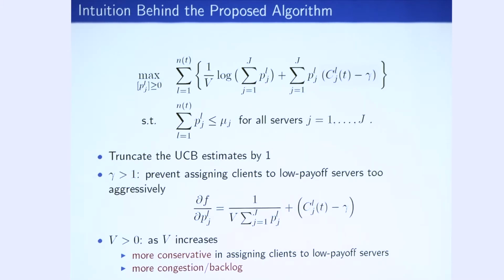But if the payoff function is already concave, I think my guess is that you probably still need some logarithmic utility function, because you still need to maintain some fairness. Yeah, so I don't know, but I think that's a good comment.